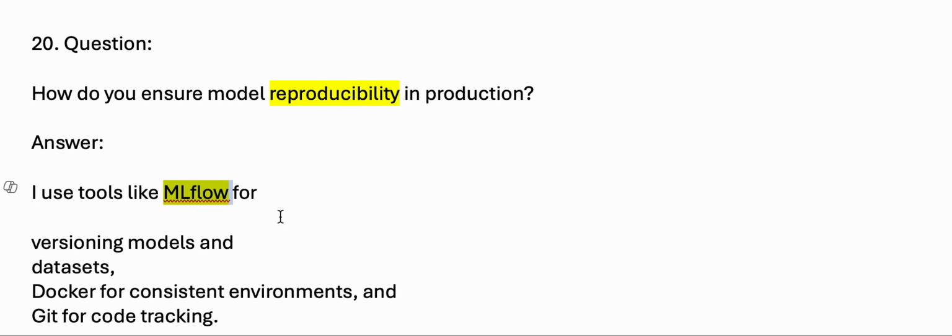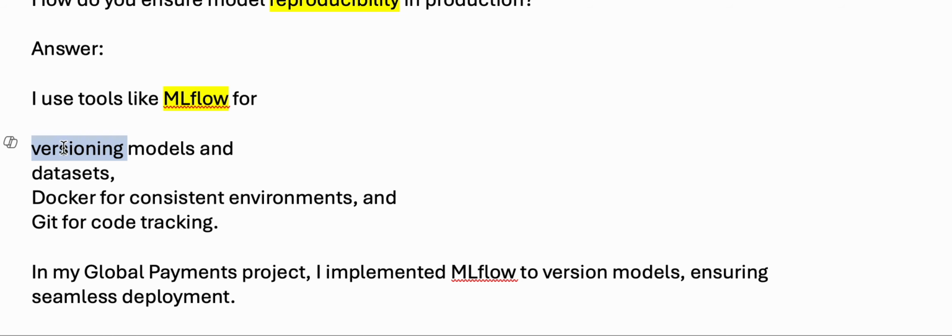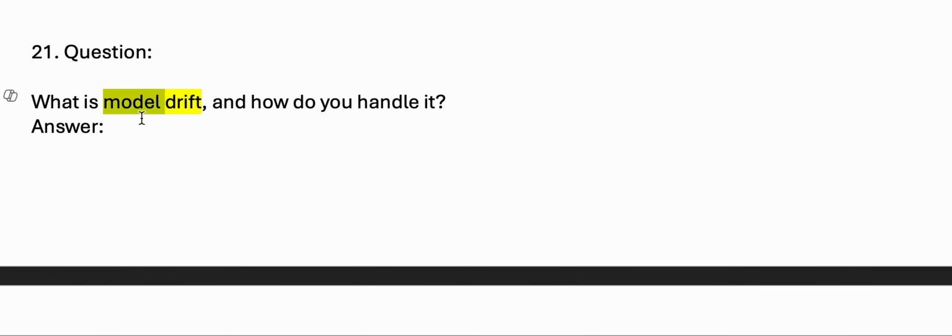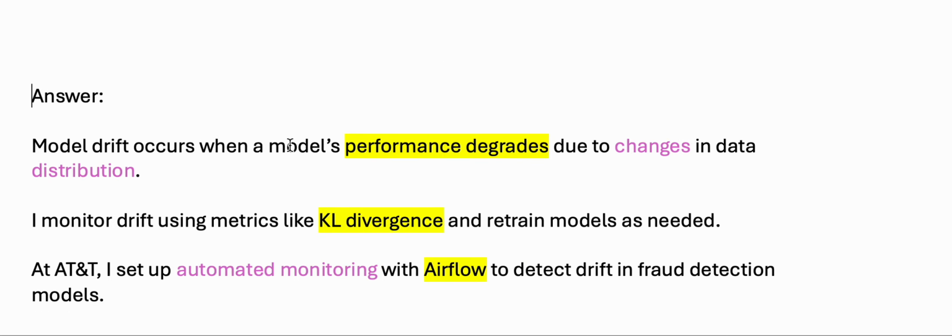I use tools like MLflow for version modeling, datasets, Docker and Git. What is model drift and how do you handle it? Basically, model drift occurs when a model's performance degrades due to changes in data distribution. I monitor drift using metrics like KL divergence and retain models as needed.